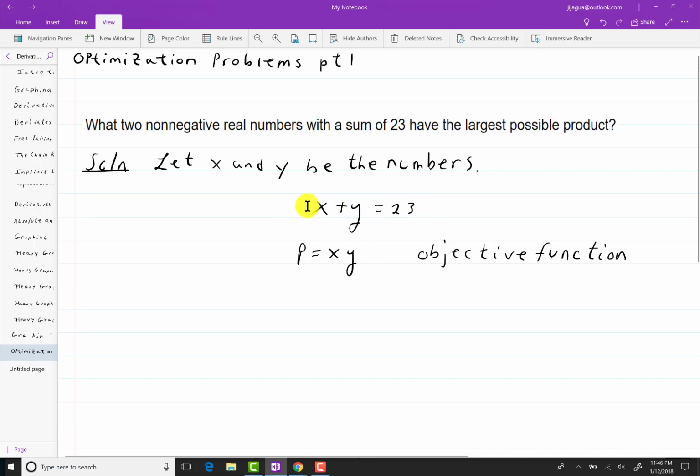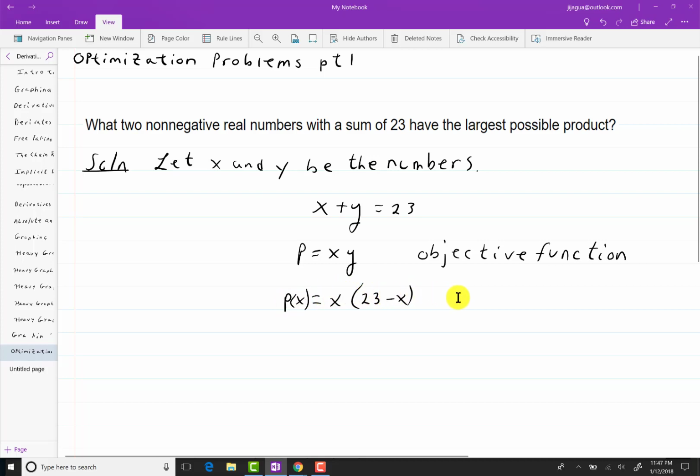Since x plus y equals 23, I know that I can rewrite the product as x times 23 minus x, because y equals 23 minus x. That's from this equation here. I left a little space after the P because now I'll put in parentheses x. The variable that I'm going to have here will be x. So I want to find the maximum possible y value of this expression.